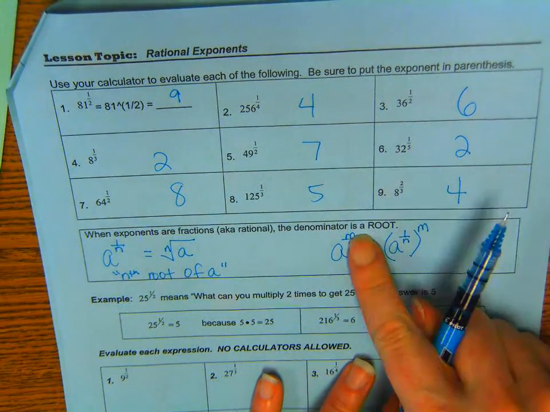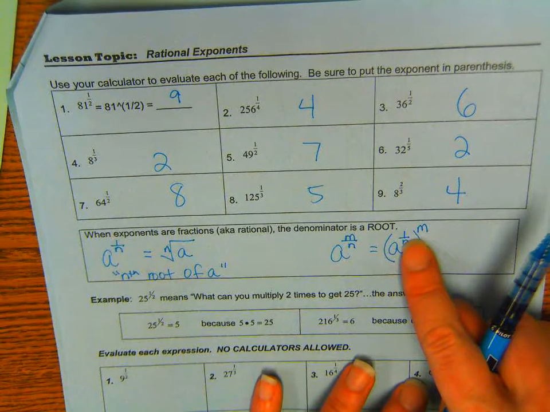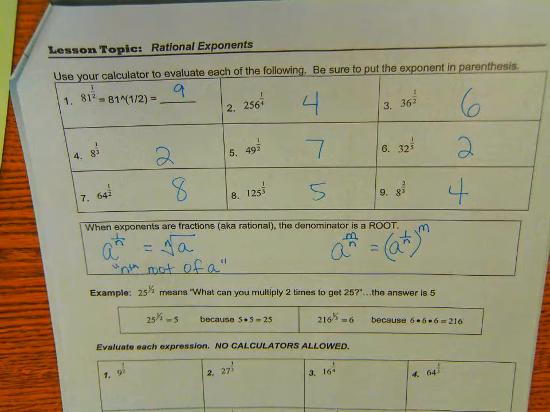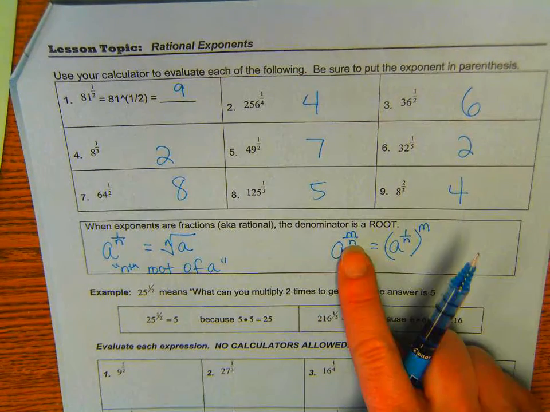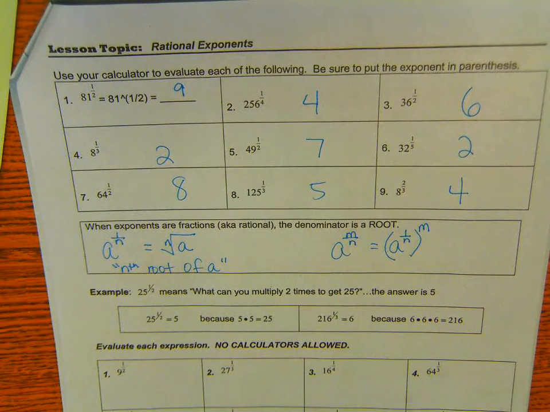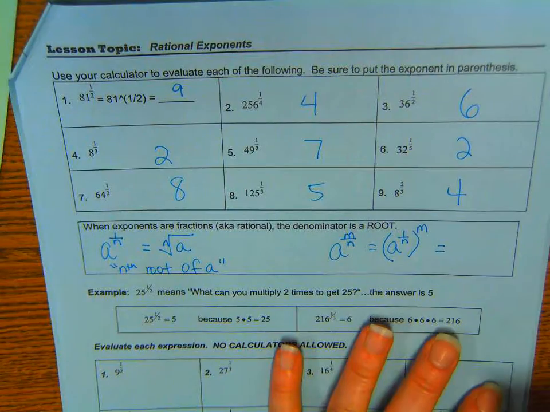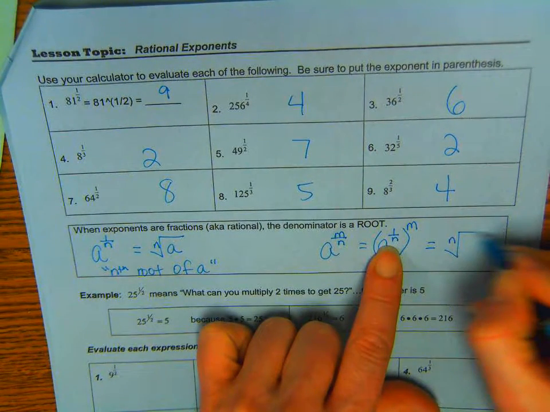So it's the nth root of a to the m power. So here's how we remember: the bottom is the root, the top is the power we're going to raise it to. Okay? And so let me just show you how we'd write it as a radical. The nth root of a we'd write like this, and then we'd raise it to the m power. So like that.